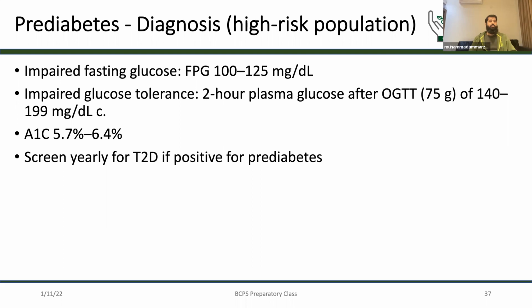If the impaired glucose tolerance test gives a value of 140 to 199 milligram per deciliter, or A1C levels are between 5.7 to 6.4%, then the patient is from high risk population, and you should screen such patients for type 2 diabetes annually.